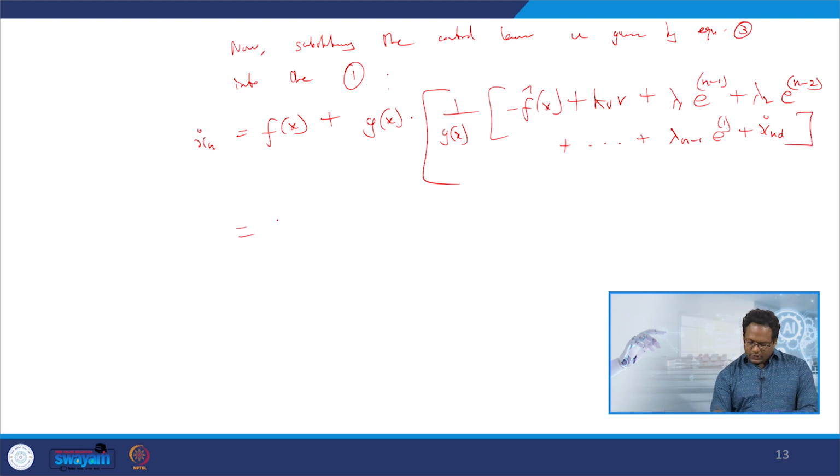which is given further by, we know f of x will have the ideal weight vector given by W transpose phi of x.